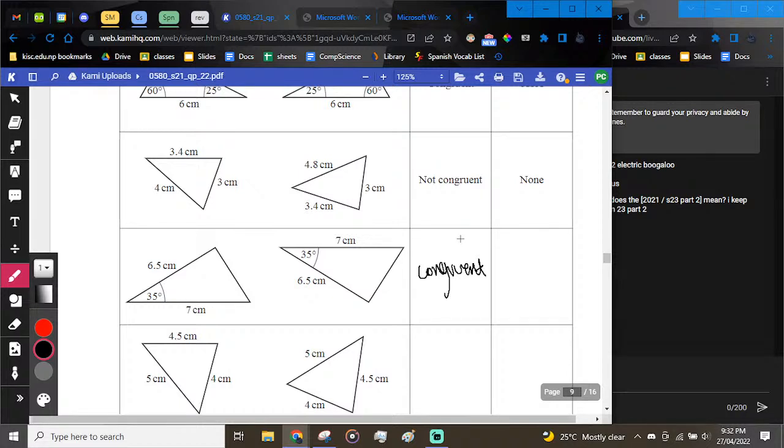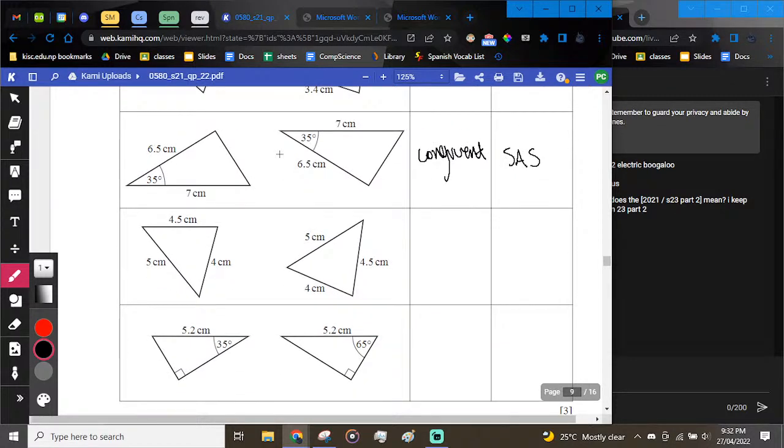Yes, I am streaming the mathematics. Side angle side. Boom. All three sides are the same. Side, side, side. Congruent. Side, angle, side. Besides angle. No, there's just two angles. That's angle side angle. Didn't go.